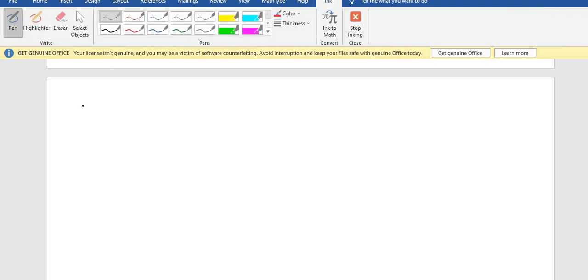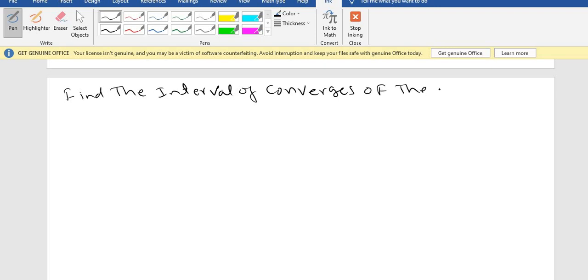Find the interval of convergence of the series 1 minus half (x minus 2) plus 1 by 4 (x minus 2) power 2 and so on. I need to check that one, the interval of convergence.